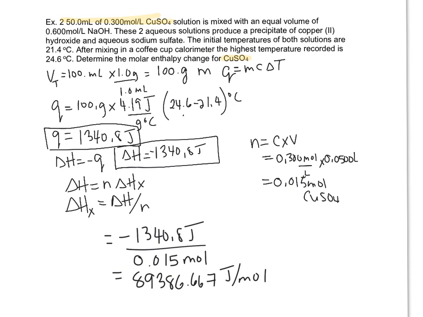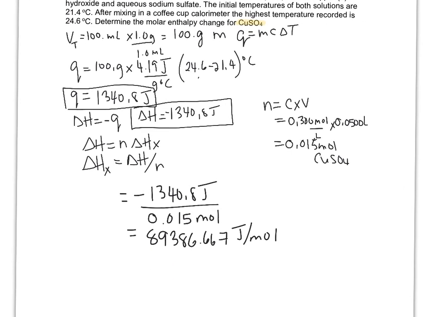Divide that by 1,000 to get your kilojoules. Negative 89.4 kilojoules per mole. So for this reaction, the enthalpy change, the molar enthalpy for this reaction with respect to copper 2 sulfate is negative 89.4 kilojoules per mole.